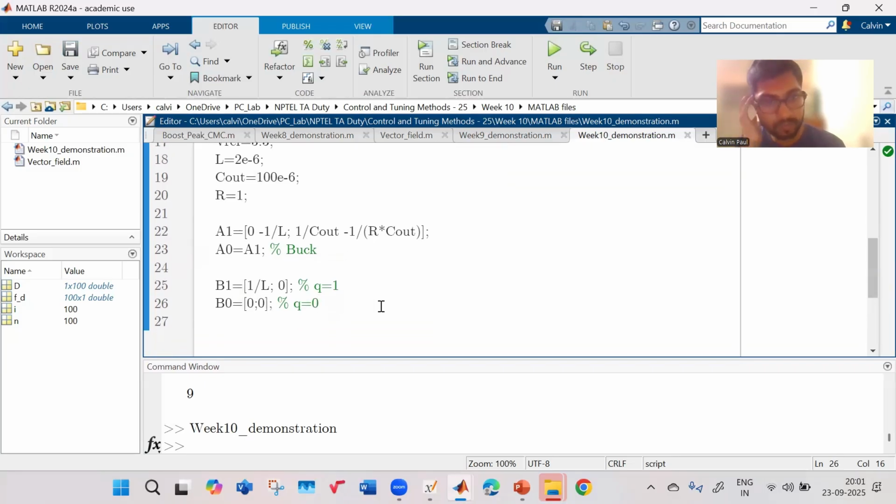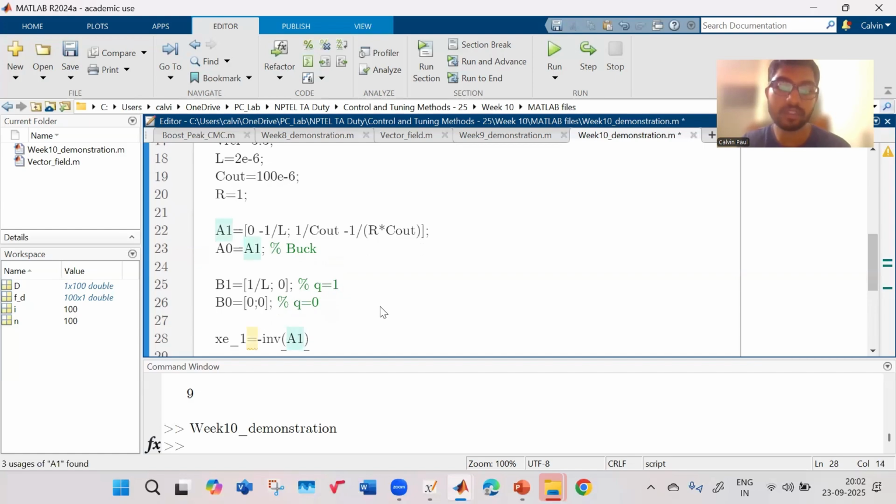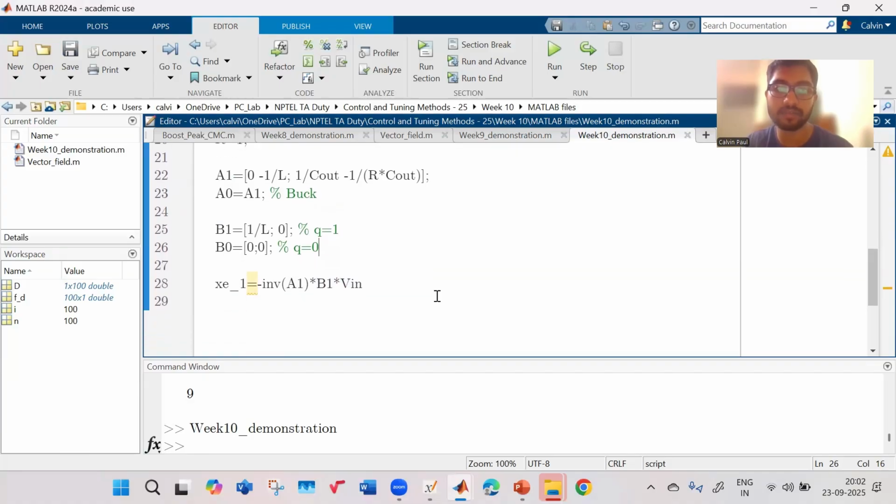Now let us find our XE1 when your switch is on. That is equal to minus of inverse of A1 into B1 into your V in. Okay, let us find this value.